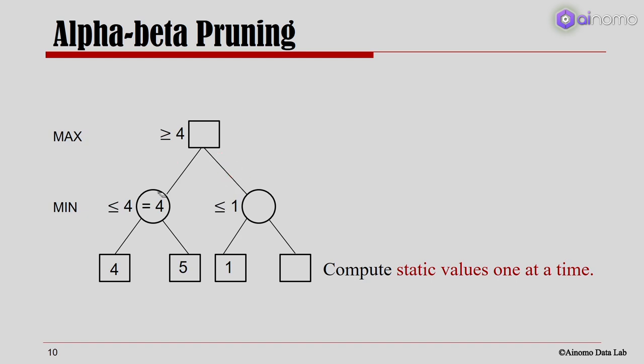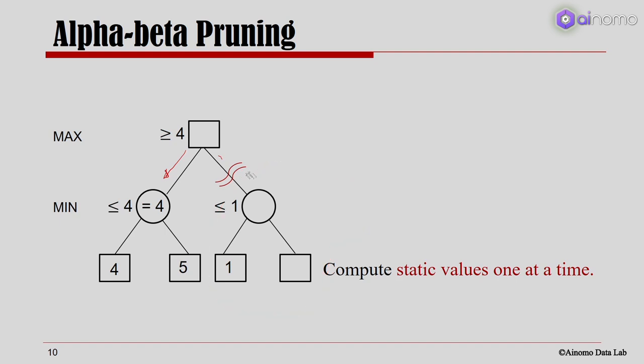That is as good as saying that this side of the tree doesn't exist for him. So he can think of throwing away all of this, as if this tree doesn't exist. Why is it that this tree doesn't exist for him? This is because if Max follows this path, let me repeat this, if Max follows this path, he will have 4, and if Max comes on this path, all he is guaranteed to have is something which is less than or equal to 1.